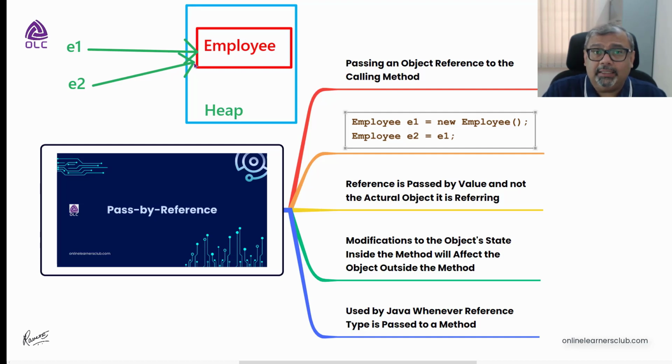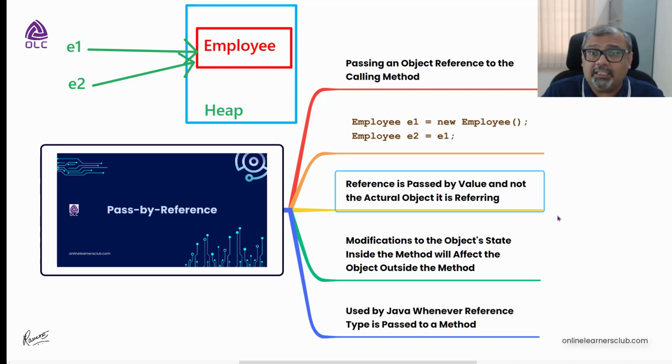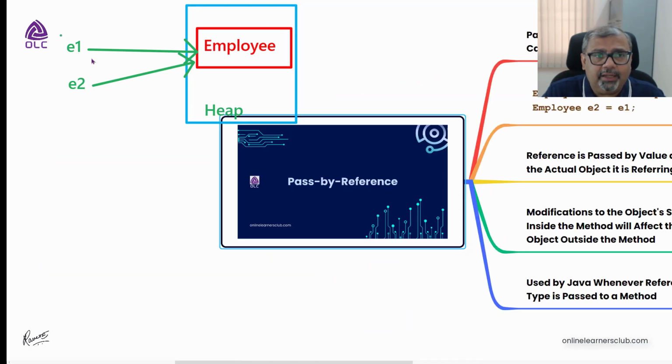Let us look at the next statement. Reference is passed by value and not the actual object. What do we mean by that? A copy of this variable, so this is another variable, and this is another variable.